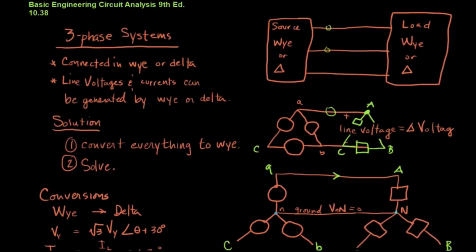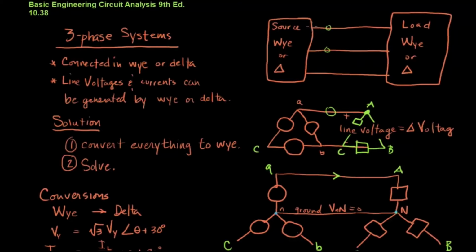So, first, three-phase systems, you can have voltage sources or impedances that are connected in Y or delta. You can use sort of a lumped circuit abstraction to draw a box around the source and around the load. And in between the source and the load, you'll have three lines.